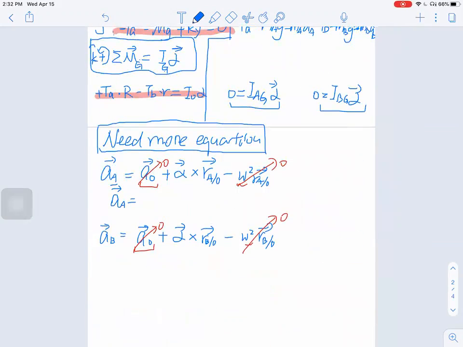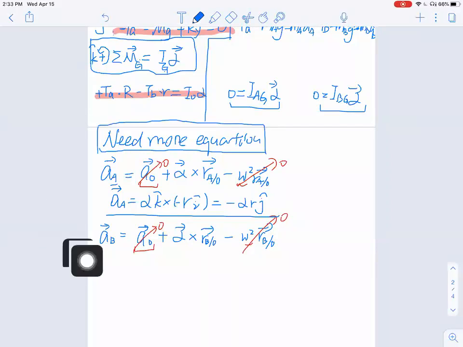So you end up with alpha K cross negative big R I. And doing the cross product, K cross I gives you positive J. So you end up with negative alpha R J. That's what you get from the first A_A equation.